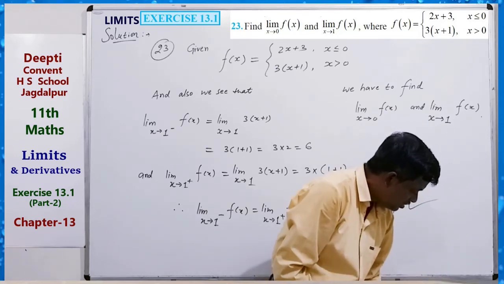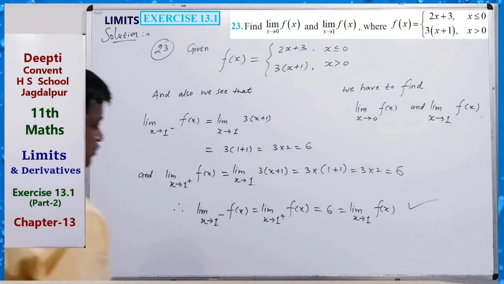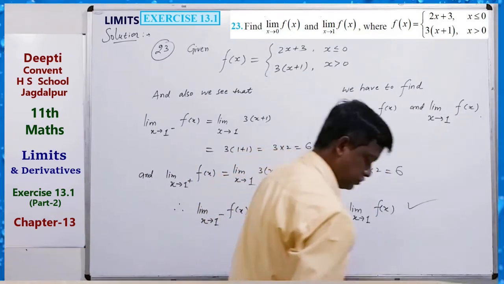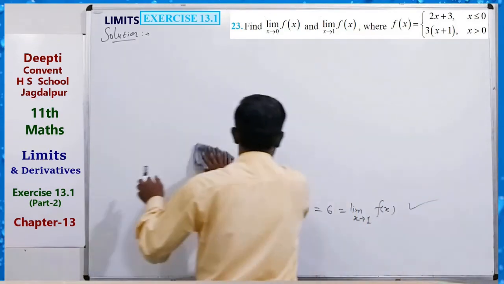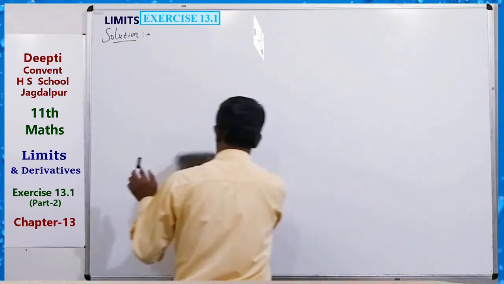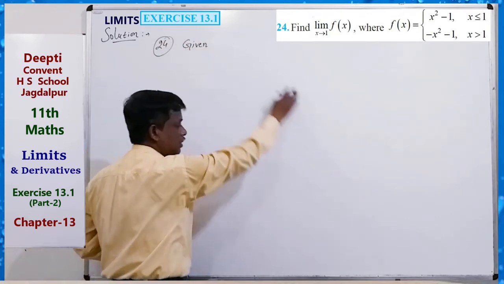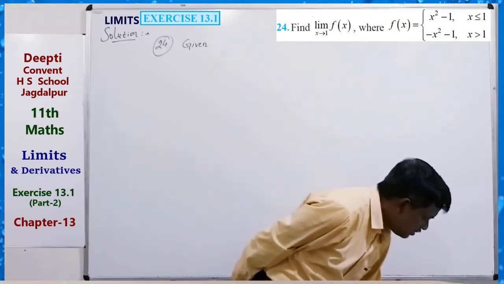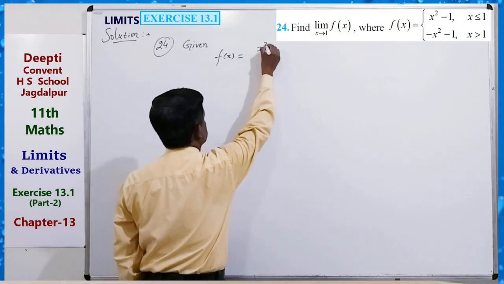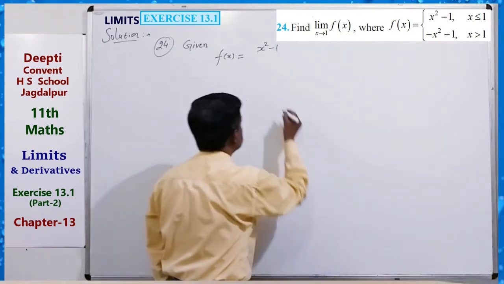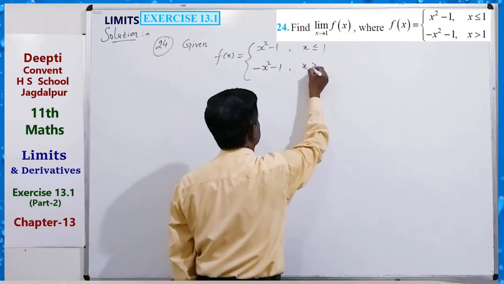Now question 24. Given 24, here we have to find the limit x tending to 1 of f(x), where f(x) is x square minus 1 for x less than or equal to 1, and minus x square minus 1 for x greater than 1.